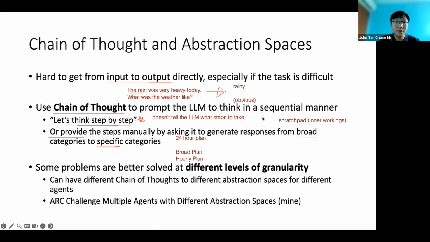If you know your domain, you should give it the broad and specific categories of your domain directly. At least this is what I experienced. I did a few domains already, like medical stuff. There is a lot of hype about this kind of method. Recently DeepMind has a paper, I don't know if you heard of it, called Take a Deep Breath and Think Step by Step.